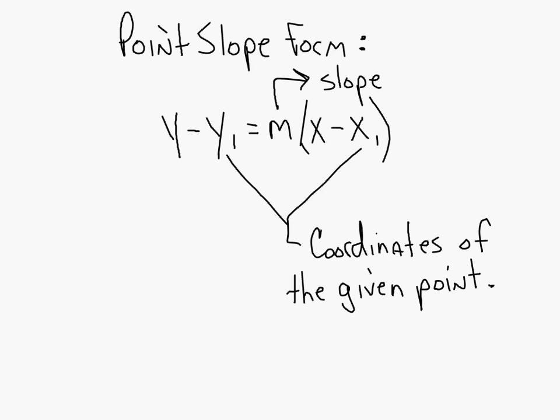Notice they have minuses in front of them. Now focus right here. The minus in front of it means it's the letter x and then it's the opposite of the x value given. It's the letter y and the opposite of the y value given. Okay? Slope goes between the equal sign and the parentheses.